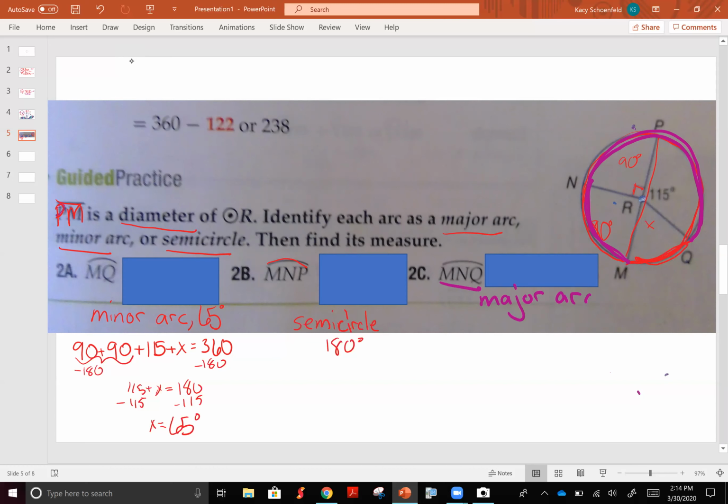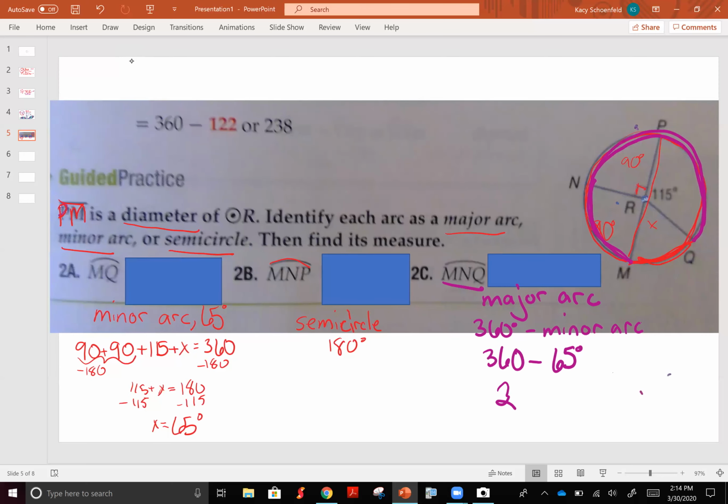If we have already found the minor arc, we are just going to do 360 minus the minor arc. This works for both directions. If you had found the major arc first, we would have been subtracting that. So we're going to do 360 minus 65 degrees, which is 295 degrees.